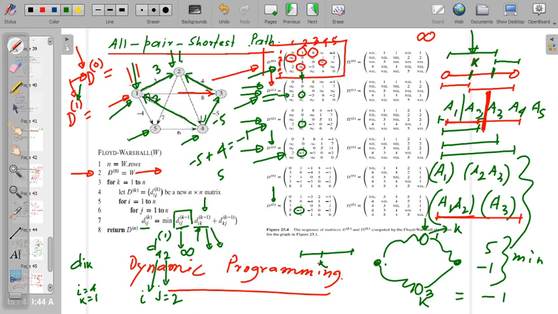What is the cost? Who will be telling? This is very simple. Nobody is listening, I guess. So 4 to 1 cost will be 2. And so 4 to 2 via 1 will be 5.